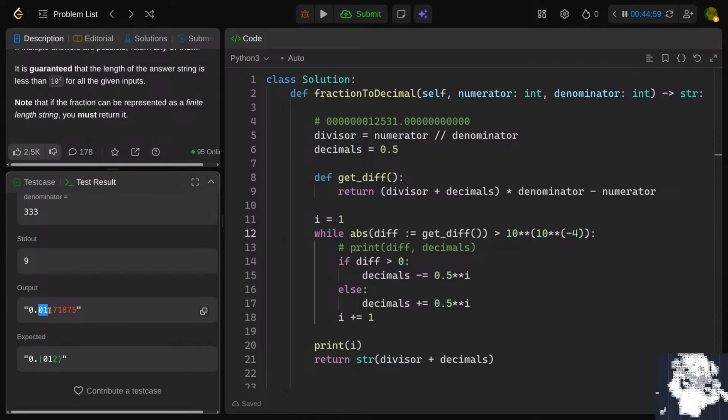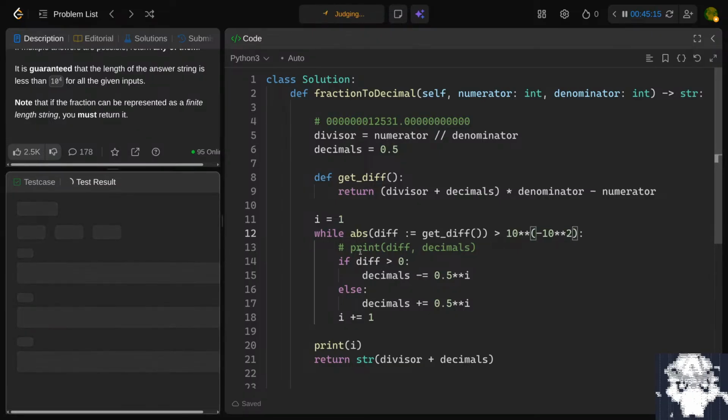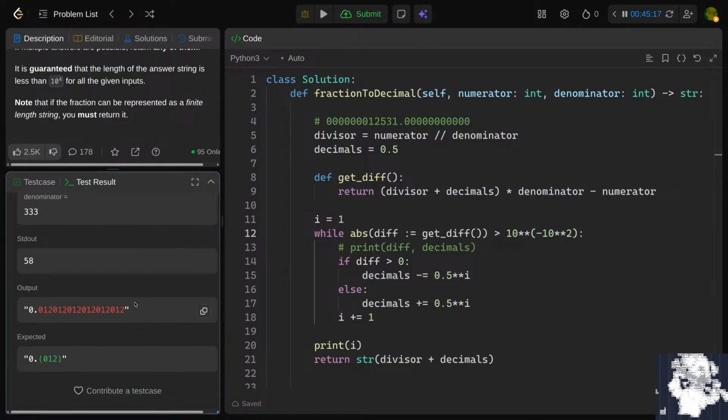This is not giving the number that I thought it would be giving. I'm trying to say, oh, this one should be negative, this one should be positive. Okay, let's try 2. And then 3.